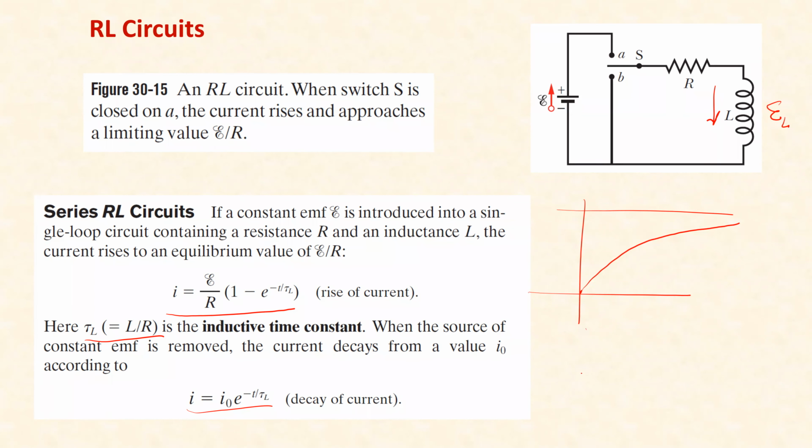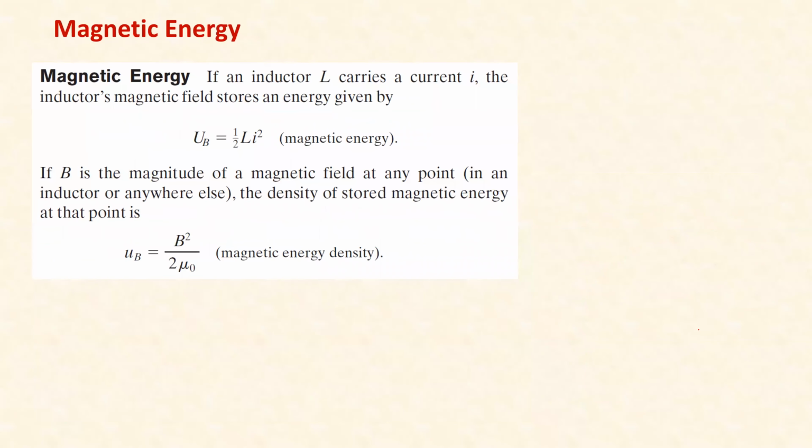If you already have a current, it goes to 0 like this when there's no EMF, no battery in the circuit. So this is our LR circuit. I don't want to spend too much time on it because it's very similar to the RC circuit.